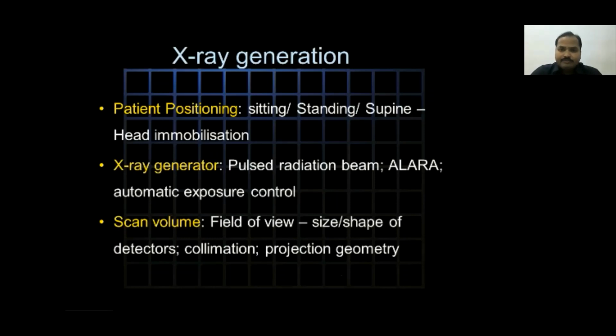So that time when the exposure is not needed and algorithms are taking place, that radiation is stopped. So pulsed radiation beam is utilized along with the principle of ALARA, which is as low as reasonably achievable.